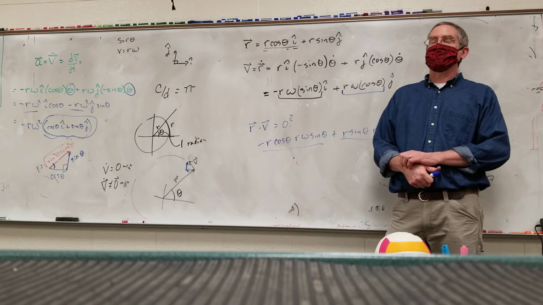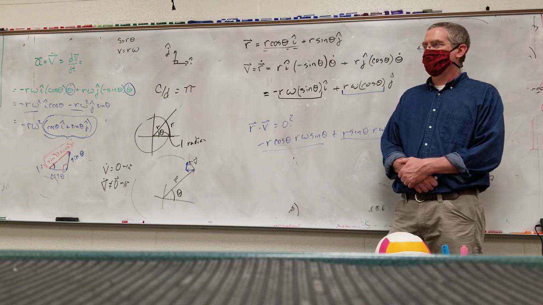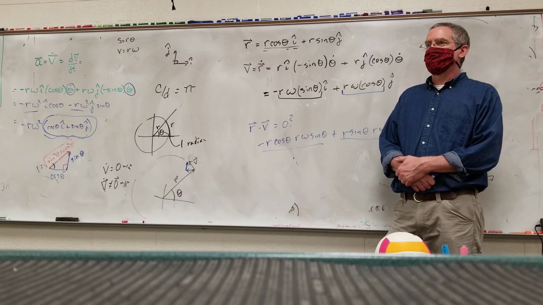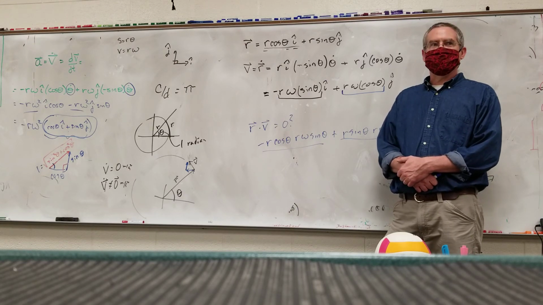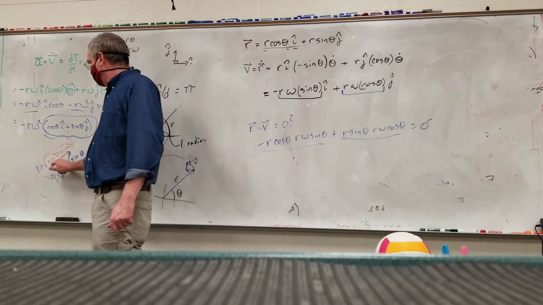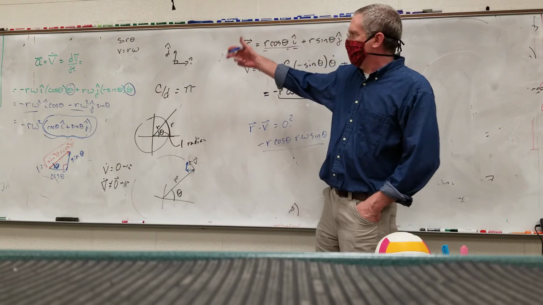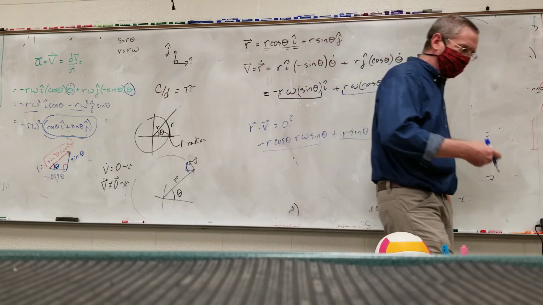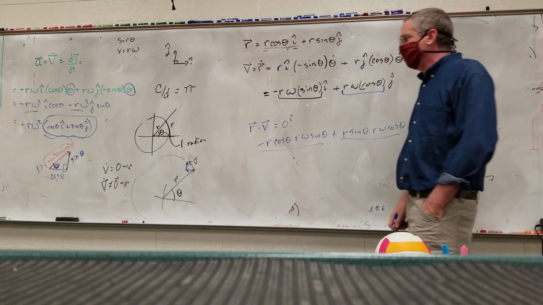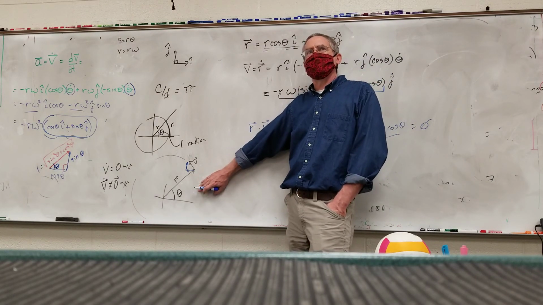Only because I drew it that way, but not generically. We're looking for something generic. Theta? Yes. It's theta. So this cosine theta i hat plus sine theta j hat is a unit vector pointing in the direction of theta. What else is pointing in the same direction as theta?